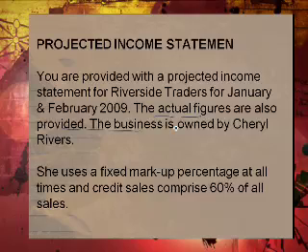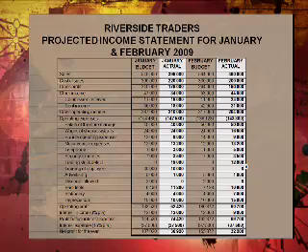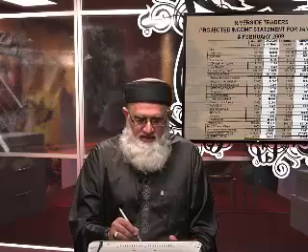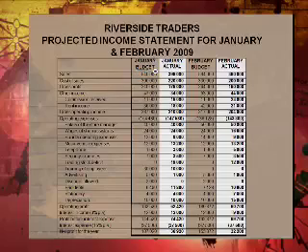We use a fixed markup of 60% of all sales. Here's your projected income statement, given to you. You can see there's January budgeted, January actual, February budgeted, and February actual. So you are given a projected income statement. Understand? You don't have to prepare it.